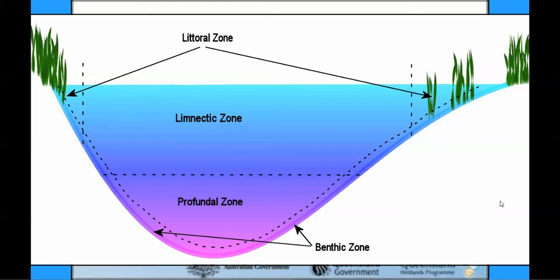And the profundal zone is usually just the hypolimnion. And the benthic zone is pretty much just sediment that comes to the bottom, and this part goes through all three zones.